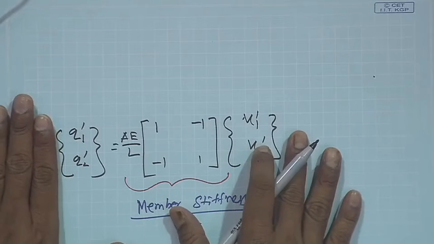Here we are saying that you decompose the entire structure into small substructures. There we say you decompose the entire system into small elements. Okay, but let's not use the term element right now. So this is sometimes denoted as Ke. Now this is called the local stiffness matrix or member stiffness matrix.